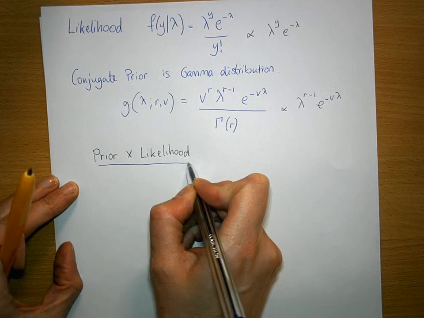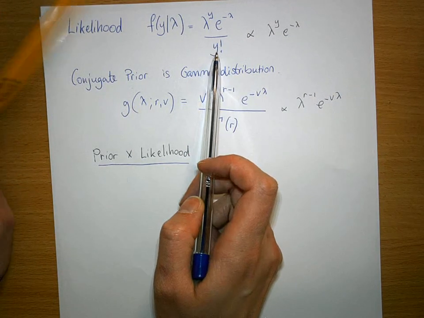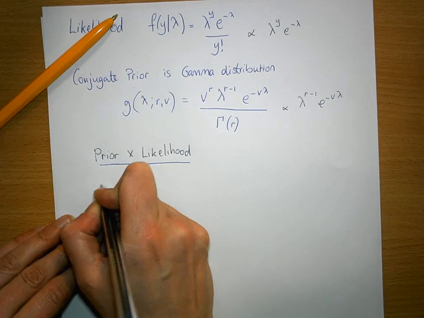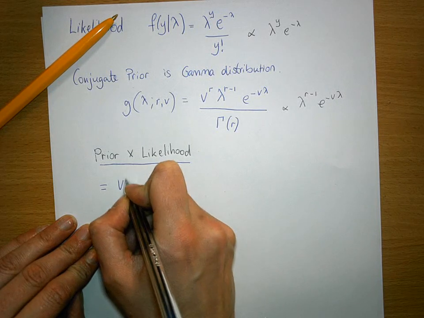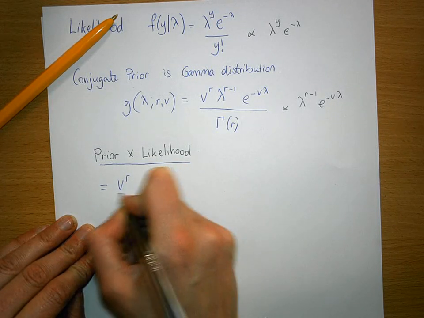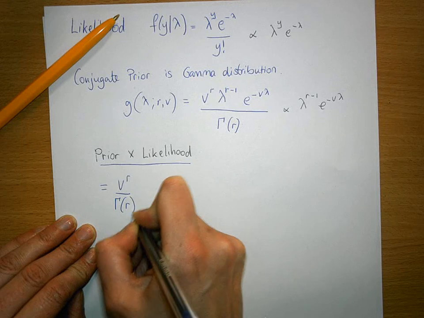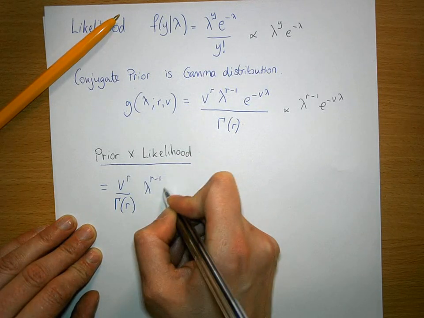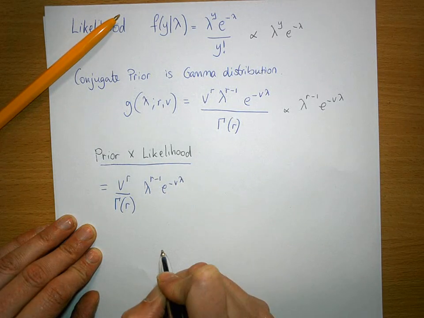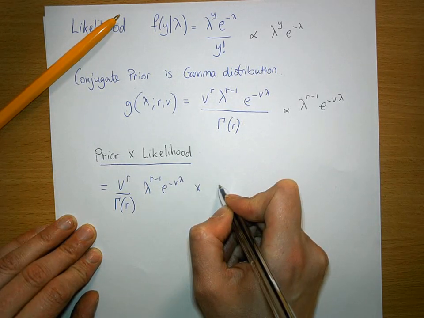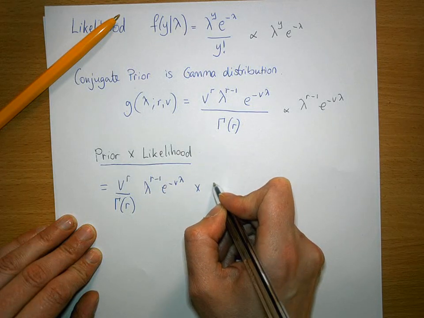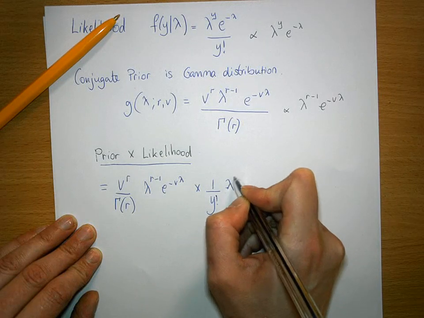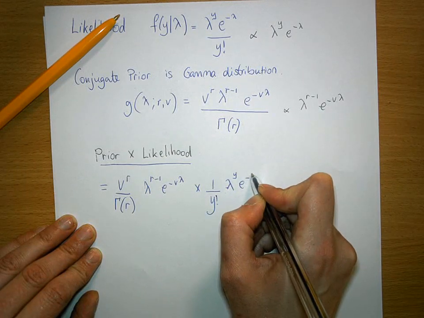So prior times likelihood, well, if we're doing it formally, we have to include all the horrible bits, so we will, just the once. So it's equal to v to the r divided by gamma of r times lambda to the r minus 1 e to the minus v lambda times 1 over y factorial lambda to the y e to the minus lambda.